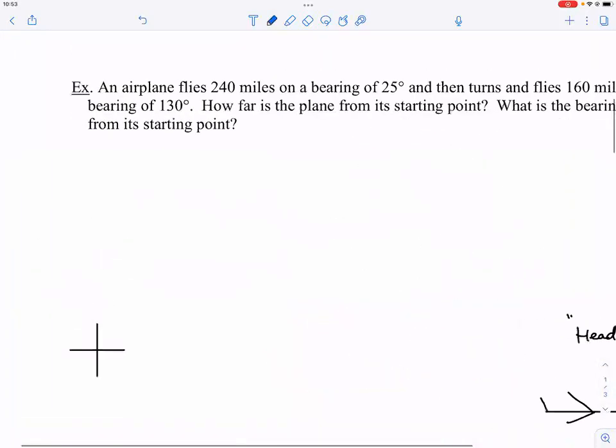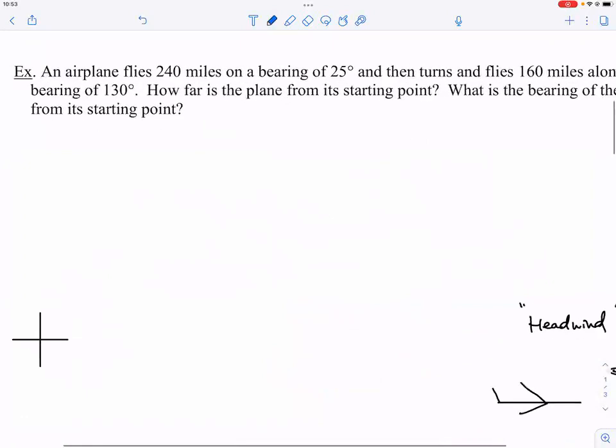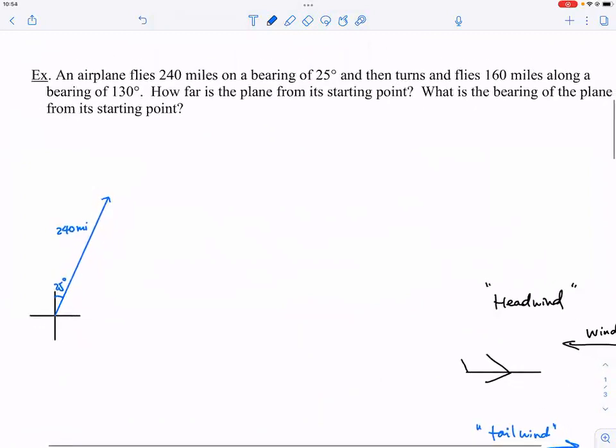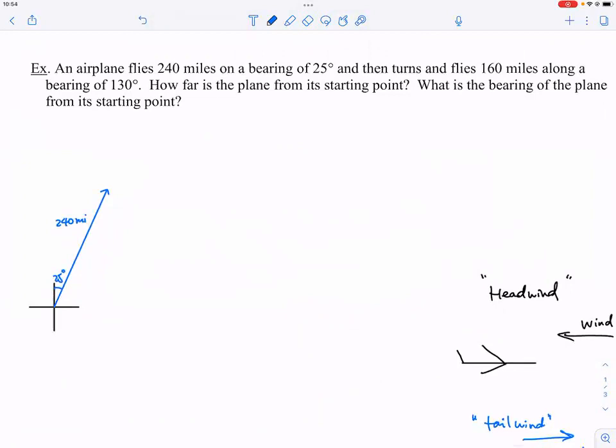Okay. So an airplane flies 240 miles on a bearing of 25 degrees. So you would point 25 degrees roughly and draw a big arrow that is 240 miles, at 25 degrees. And then turns and flies 160 miles along the bearing of 130 degrees.